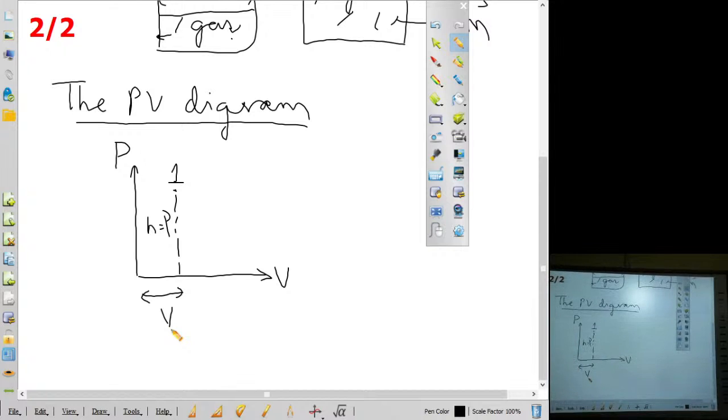Pressure, volume and temperature are the fundamental properties of the gas. So, pressure volume diagram is also called indicator diagram for two reasons. One reason is that this diagram indicates all the fundamental properties. Indicating all the fundamental properties, so the diagram is called indicator diagram.